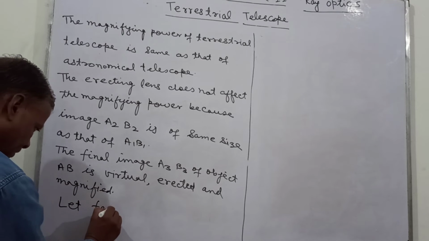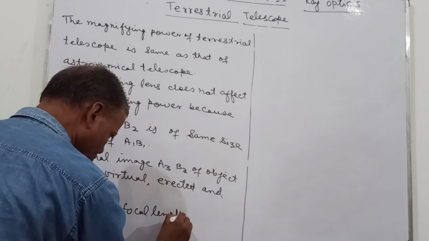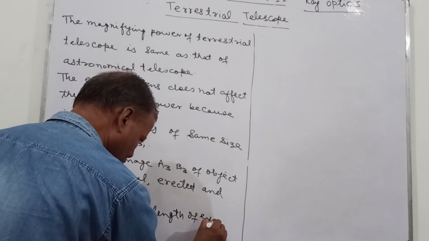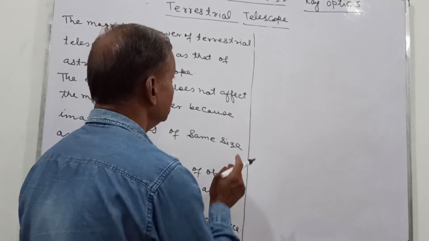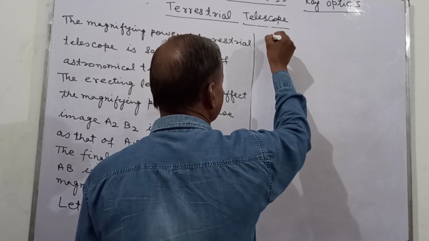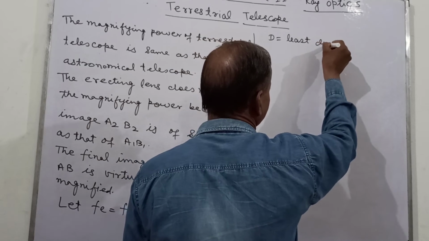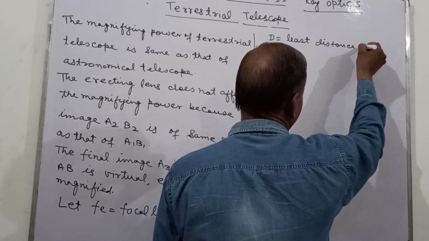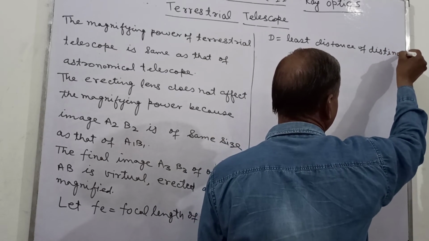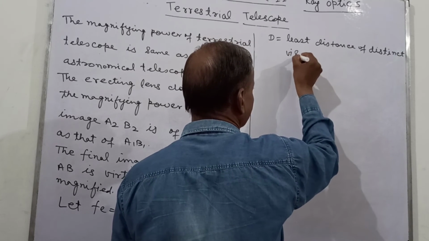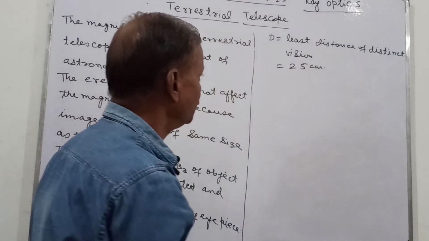Let f equal the focal length of the eyepiece and d equal the least distance of distinct vision, and you know that this is 25 centimeters for the normal eye.